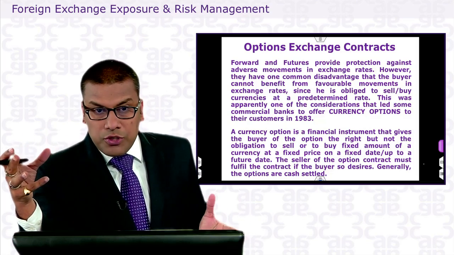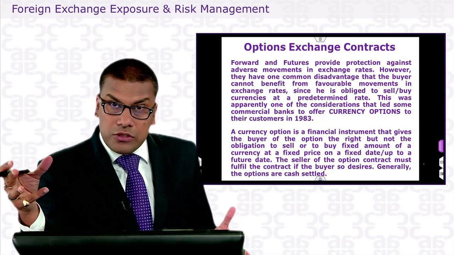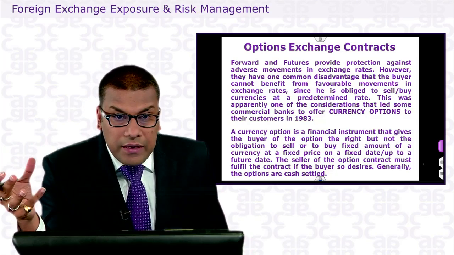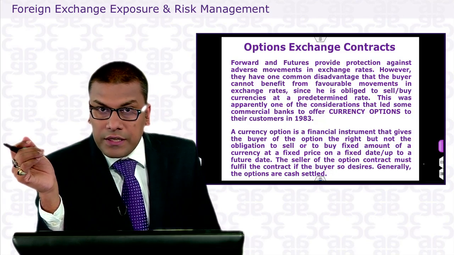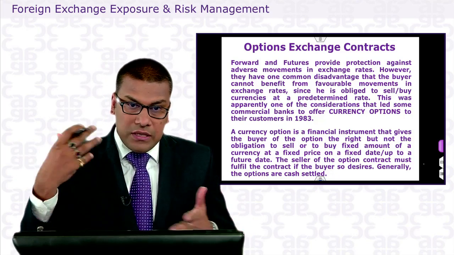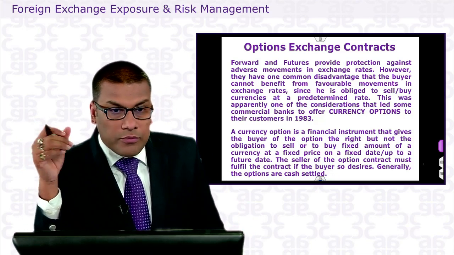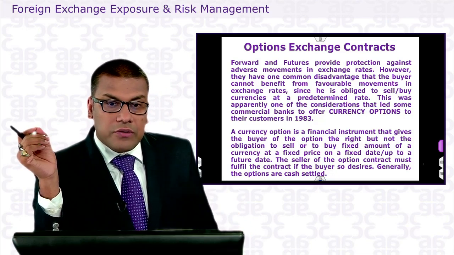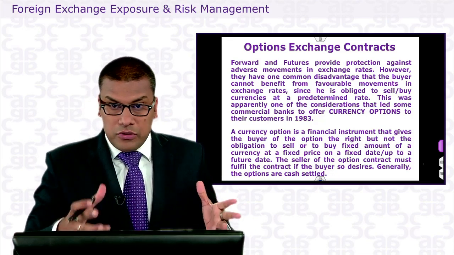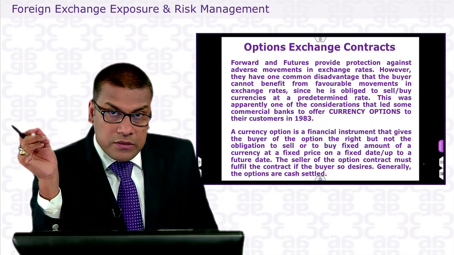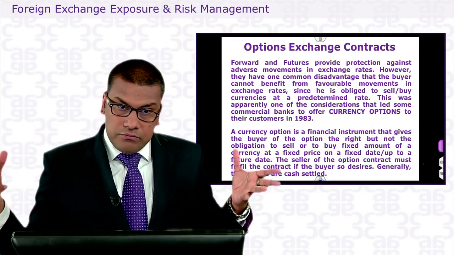So the currency option contract is a financial instrument that gives the buyer of an option the right but not the obligation to sell or to buy a fixed amount of currency at a fixed price on a fixed date or up to future maturity dates. Now the seller of the option contract is under obligation, so he must fulfill the contract if the buyer is desiring.